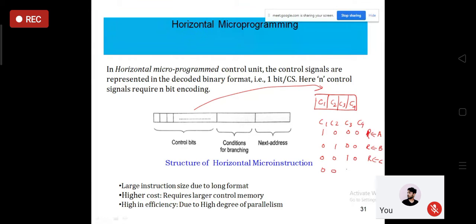If the fourth is activated, maybe some other. So for different register transfers, different control signals are activated, and there are 4 control signal activation points, so you can use 4 transfers. And if all the bits are 0, that is known as NOP, no operation. NOP is known as no operation.